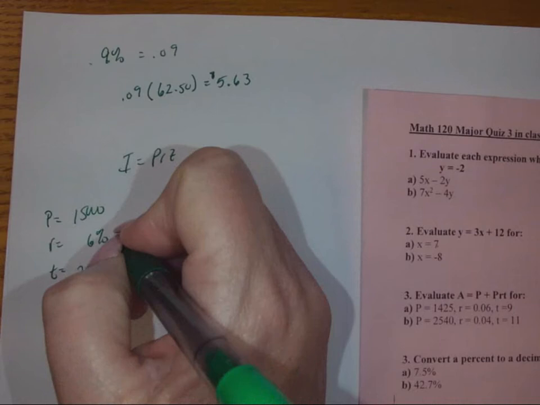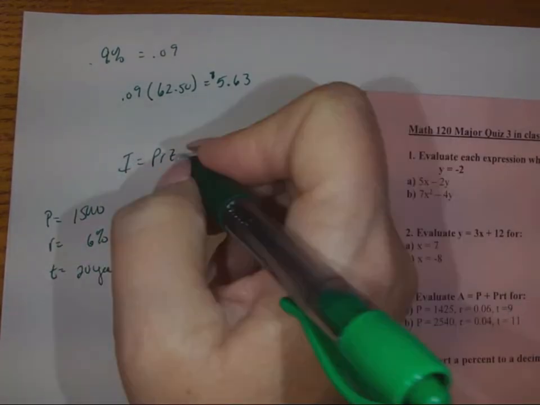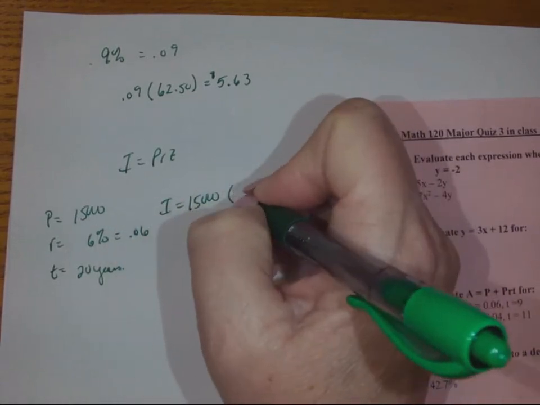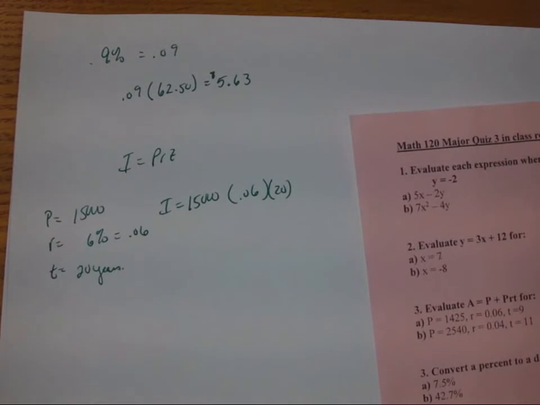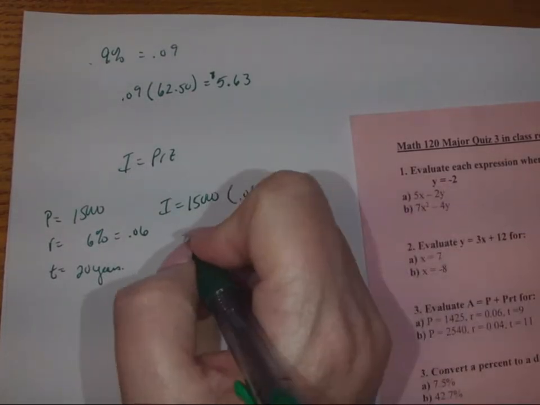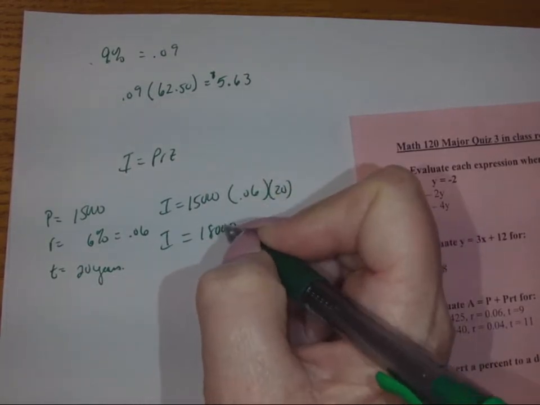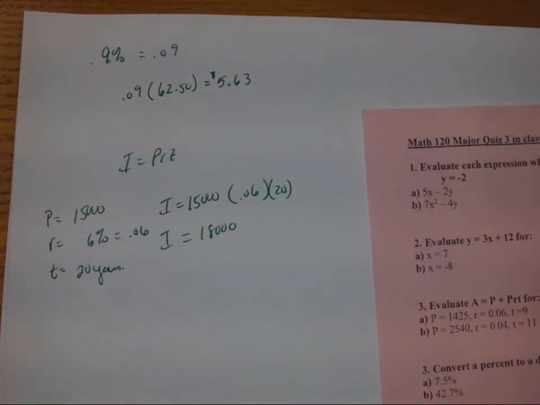So we're going to have to change our 6% to be 0.06 for our decimal. So I is equal to 15,000 times 0.06 times 20. And if we multiply that together, we will end up with I being equal to $18,000. So that's the amount of interest that we have gained. So the other problems would work the same way.